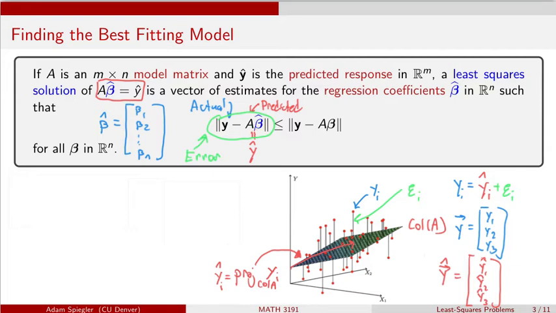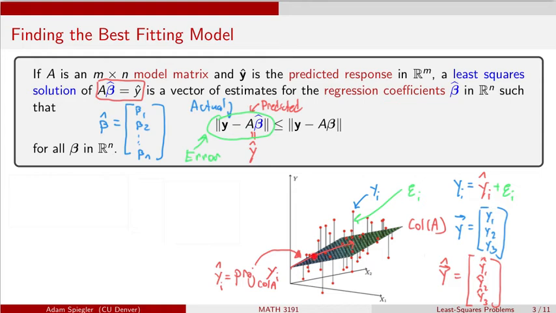This A beta hat, these are the predicted values, and these values are sitting in the subspace spanned by the column space of our model matrix. We have an actual value which is not in the subspace, and we can picture the predicted value of y as the projection onto this subspace.